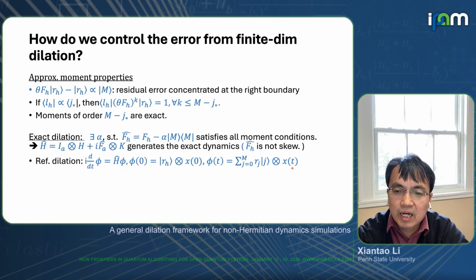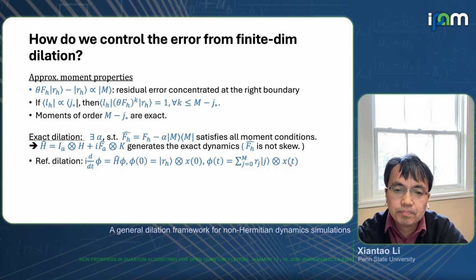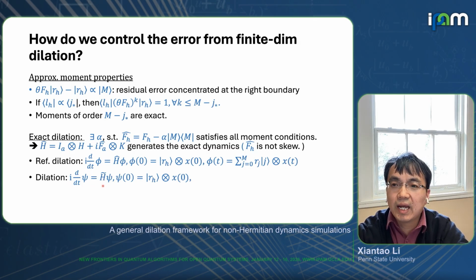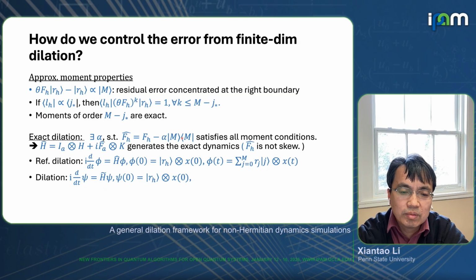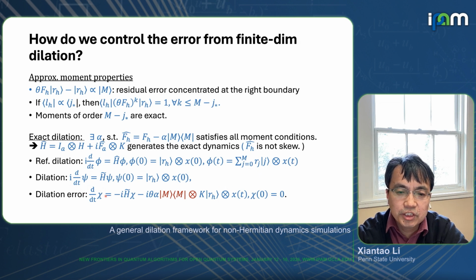And so here I wrote out these different copies of the solutions, right? And you can compare the actual dilated dynamics that you are going to simulate or implement. And so they are only off by one term. Therefore, the error between the two satisfies the following error equation with 0 initial condition.